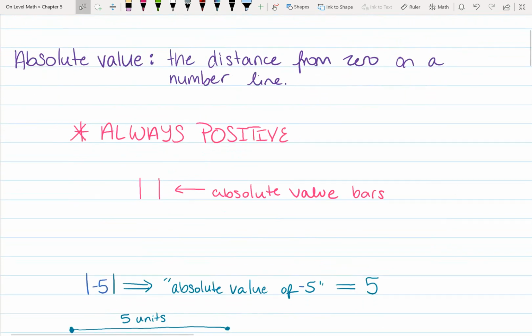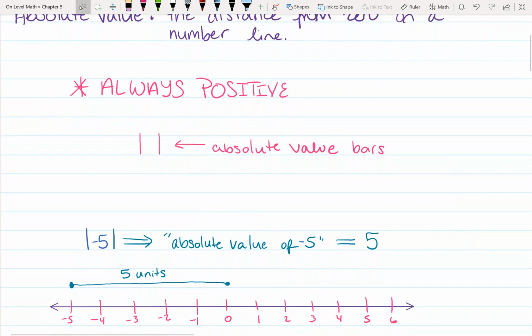Alrighty. So let's go ahead and write this number line. And let's remind ourselves, these absolute value bars, it's not 1, negative 5, 1. It's absolute value of negative 5. So that's saying, how far away, what's the distance from 0?